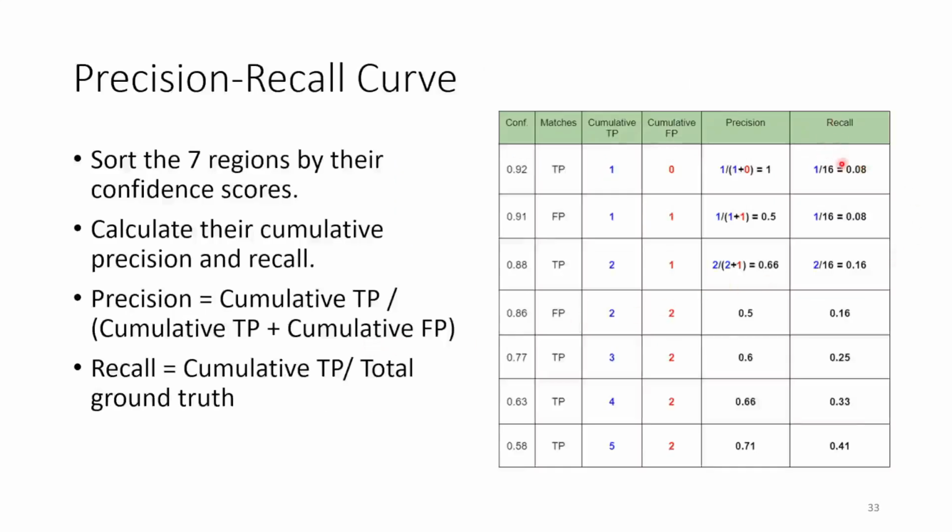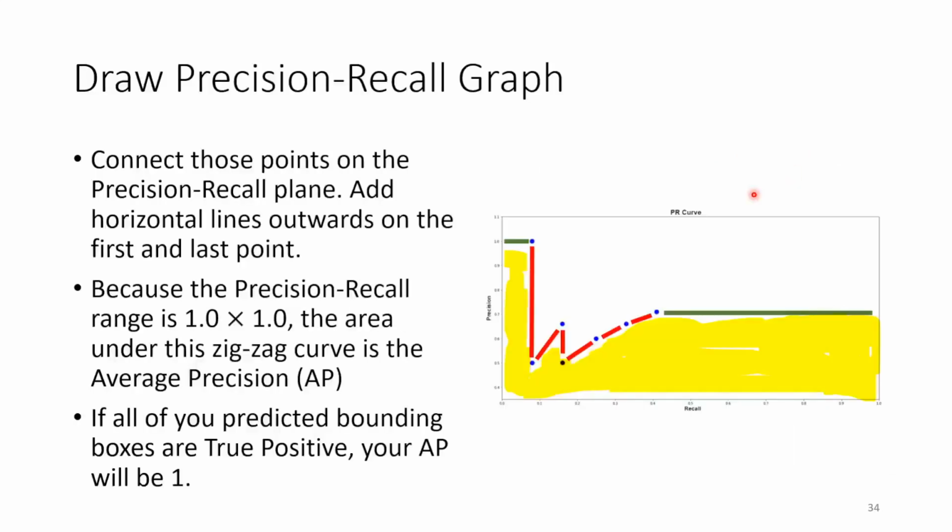Then you can calculate the recall values here. You have 7 instances, so you will have 7 precision values and 7 recall values. These are 7 points on the precision-recall plane.